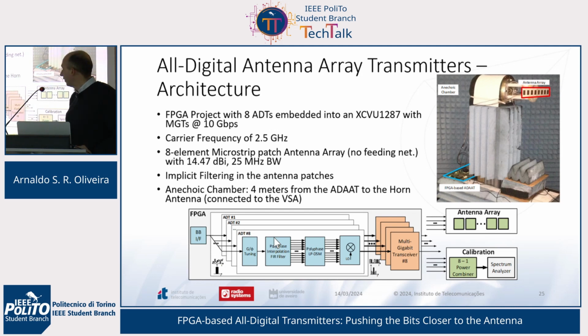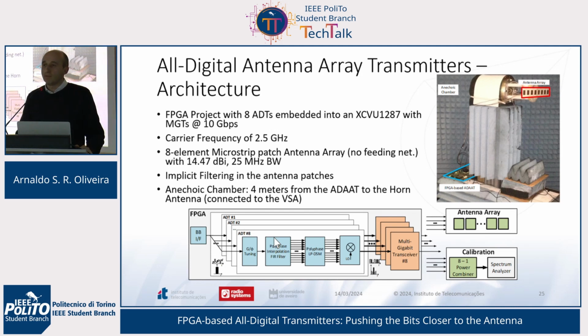So this is an outline of our setup and of our system, and also a photo of our setup. We are using the transceivers at 10 gigabits per second. At that time it was a common value. Now we have transceivers 3, 4, 5 times faster.